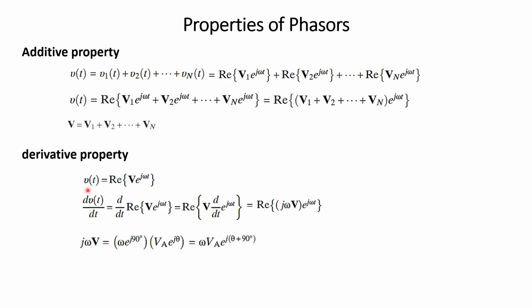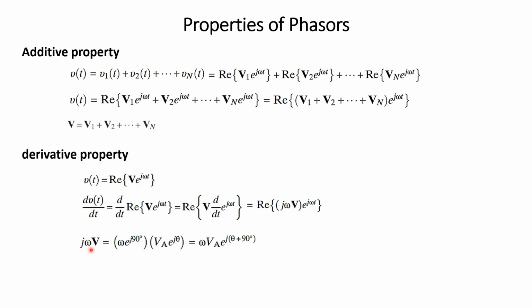Look at v(t) in normal form, the real part of whatever is in the parenthesis, e^(j omega t), e^(j omega t). Now V is over here, we see the coefficient of V as j omega. Now what is this j omega V? This is the differentiation of V e^(j omega t) over here.